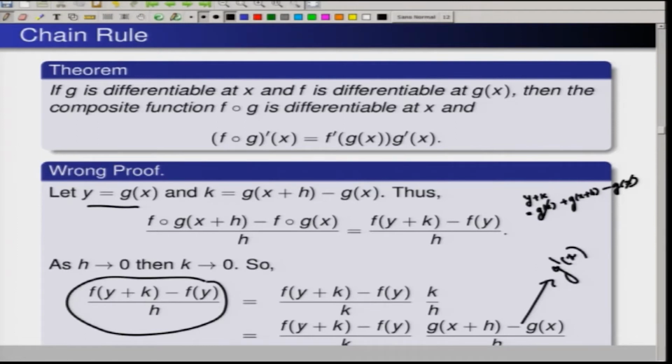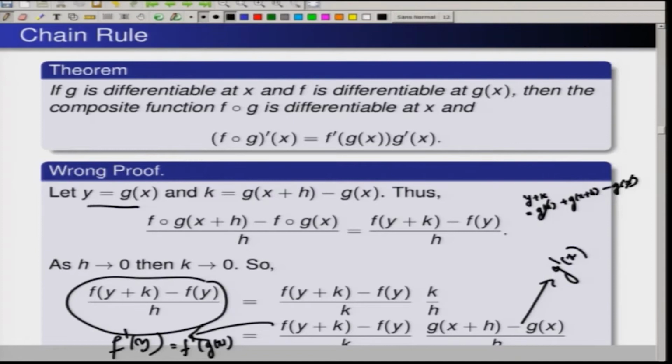And f is differentiable at g of x, therefore as k goes to 0 this goes to f prime of y, which is f prime at g of x. So this is f prime of g of x times g prime of x. Then where is the mistake?